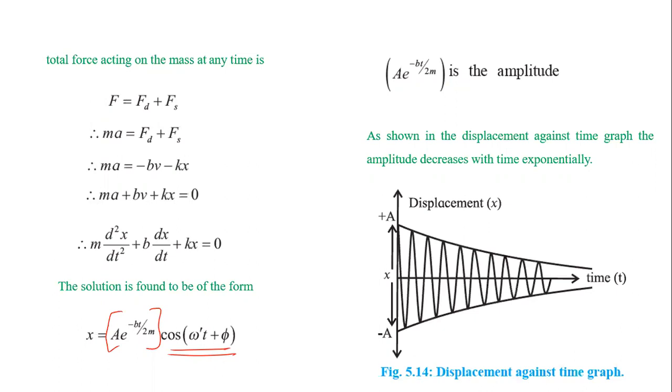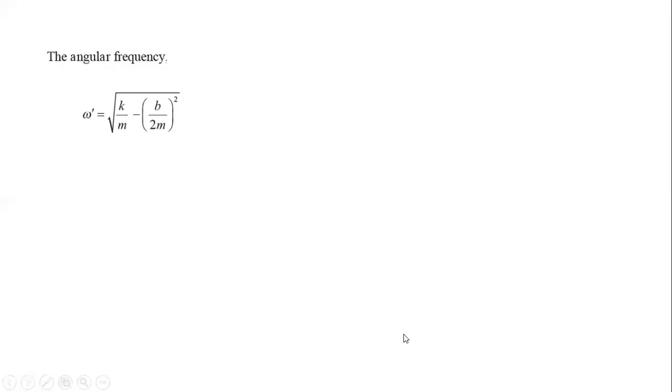You can see here, initially the amplitude is A. Then as time increases, the amplitude starts decreasing, and finally it stops. So here we can see exponential decay in the amplitude. Therefore e raised to something we have written here. You can see this displacement against time graph very carefully.